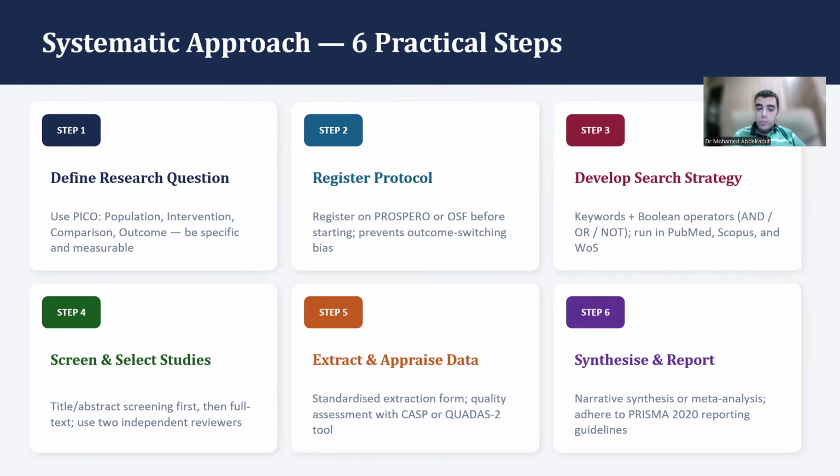The second step is to register the protocol. Registering on PROSPERO or OSF before starting prevents outcome switching bias. Then choose or develop the right search strategy, like choosing the right keywords, and screen and select the studies.